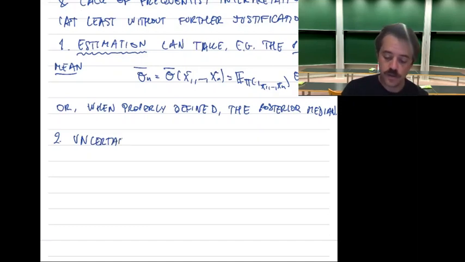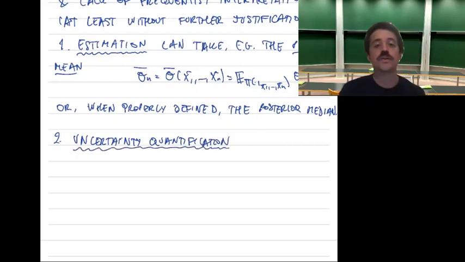Okay, so what about uncertainty quantification? In the frequentist language, this is confidence regions or confidence sets.